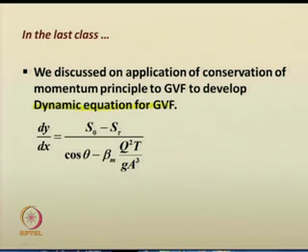If you have gone through that, the slope of the water surface dy by dx is equal to (S_0 minus S_f) by (cos theta minus beta_m Q squared T by g A cubed). The term S_0 is the bed slope, S_f is the shear slope, Q is the steady discharge in the gradually varied flow, T is your channel top width, A is the area of cross section, and theta is the angle the channel bed makes with the horizontal. All these things were discussed in the last class.